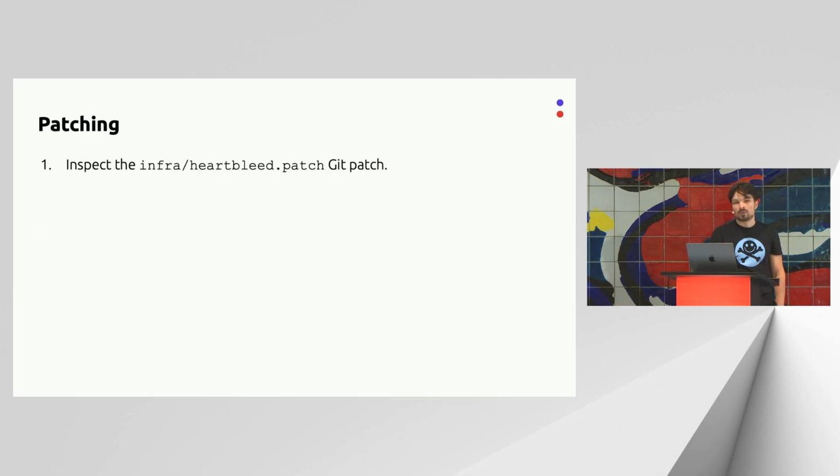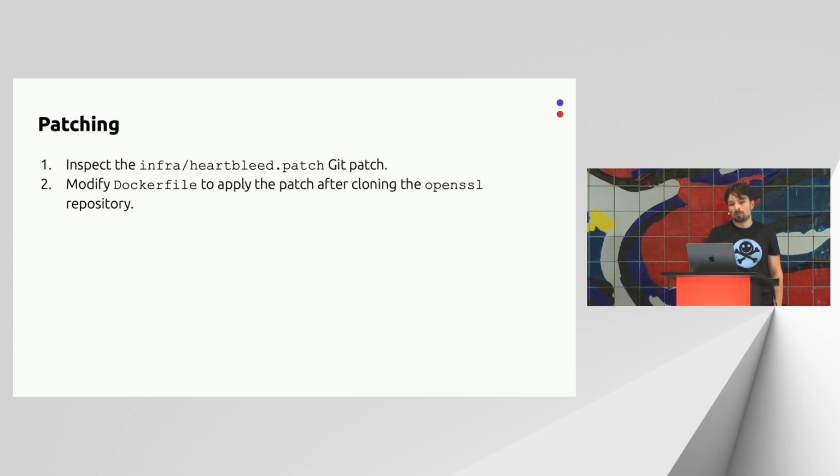Here, I want you to have a look into this Git patch file from the workshop repository, modify the Dockerfile for applying this patch, and you just need to uncomment some lines, and then rebuild.